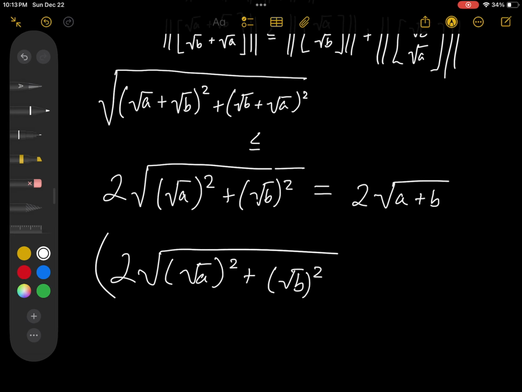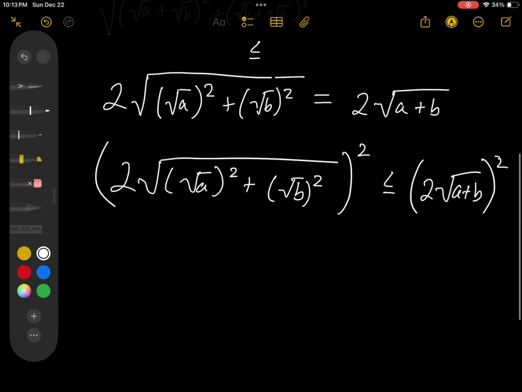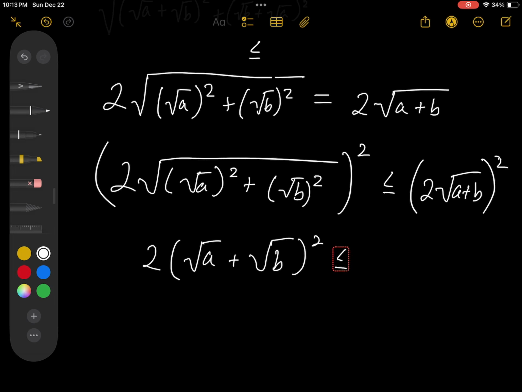And then all squared is less than or equal to 2 times square root of A plus B, all squared, excuse me. There we go. And then now it would simplify down to 2 times square root of A plus square root of B squared less than or equal to 4 times A plus B in brackets there.